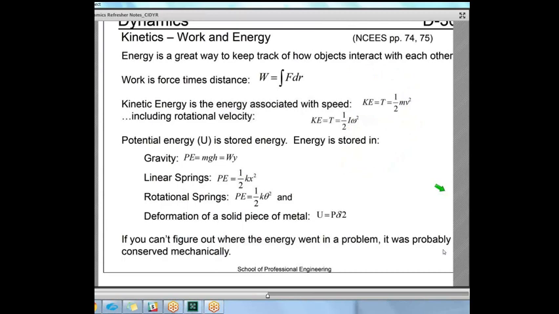It's a little bit important, so I'm going to do it again. 1/2 mv squared. I know that v equals r omega, so v squared can be called r squared omega squared, so I can write 1/2 m r squared omega squared. Those are the same, right?